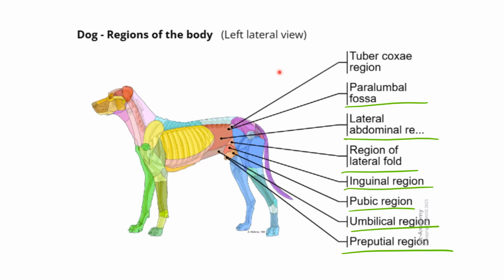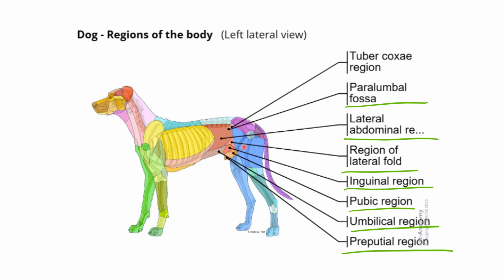Again, from the lateral perspective, we have the paralumbar fossa, then the lateral abdominal region, which is basically just the side region of the stomach. Then we have the region of the lateral fold, which wasn't mentioned before.